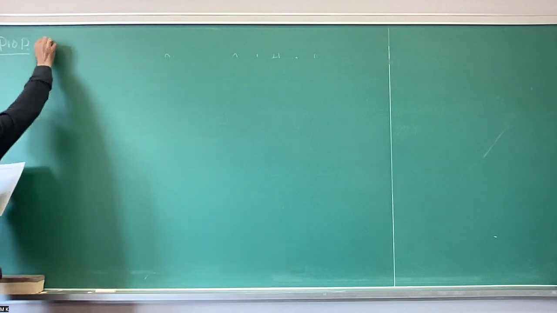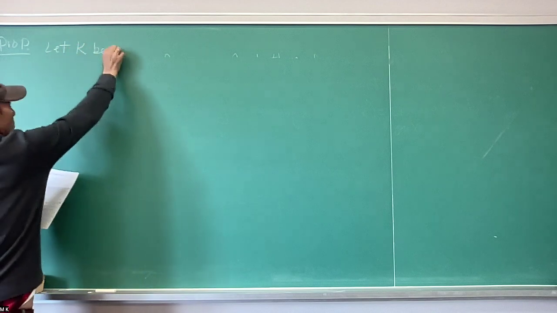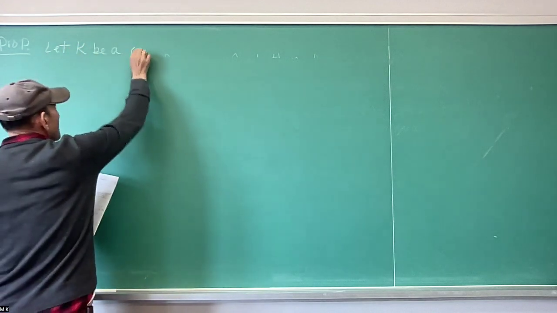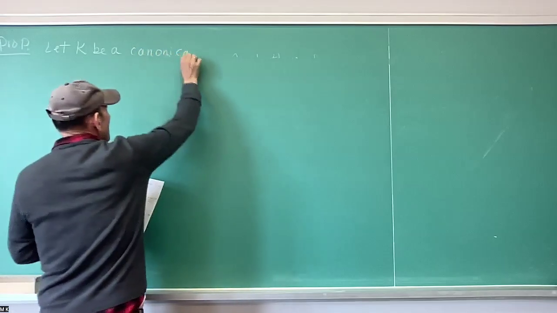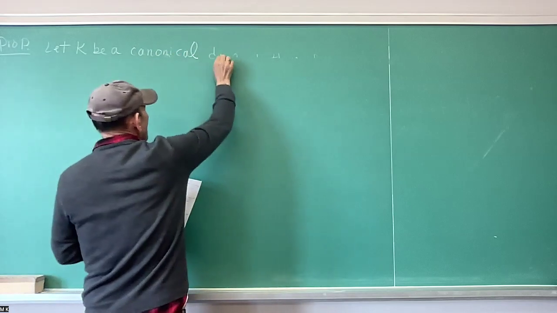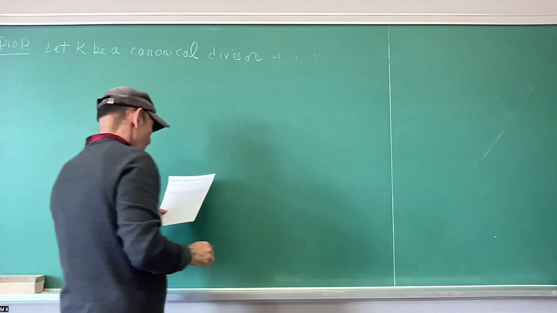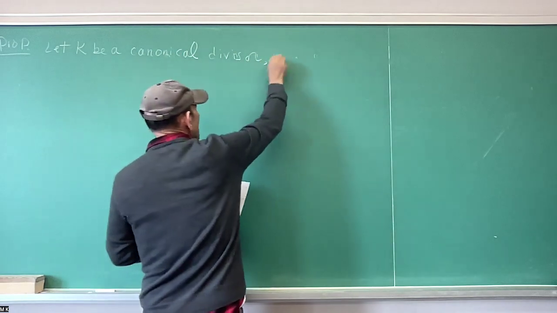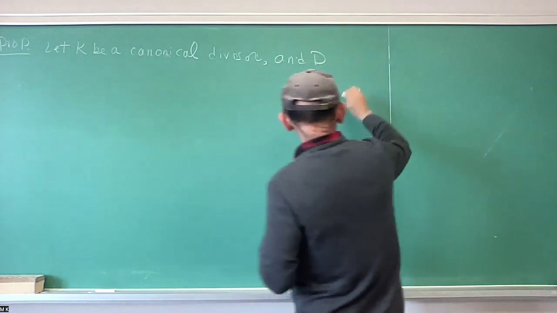Let K be a canonical divisor, and D an effective divisor.